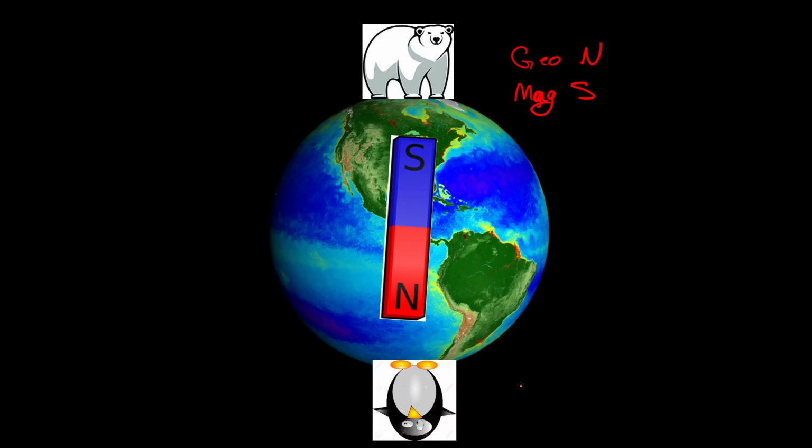Okay, and down here are penguins, despite some misleading soda pop commercials at Christmas time. Penguins only live in the geographic south, which is the magnetic north. Here we go. Polar bears, geographic north, magnetic south.